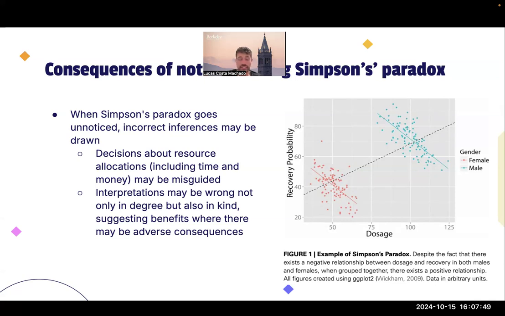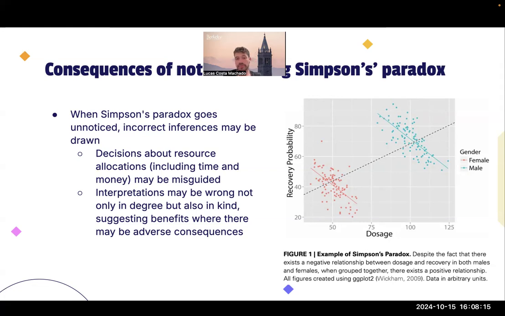So both effects are positive, but when you aggregate it, we can have a kind of weighted average of that, but both are positive. The main problem is when you have a positive and a negative effect. This can completely change your decision process, and it can have a dramatic consequence in public policy, for instance.